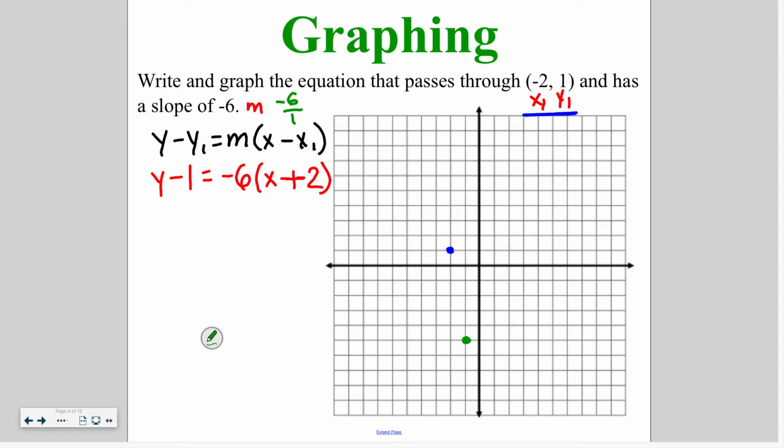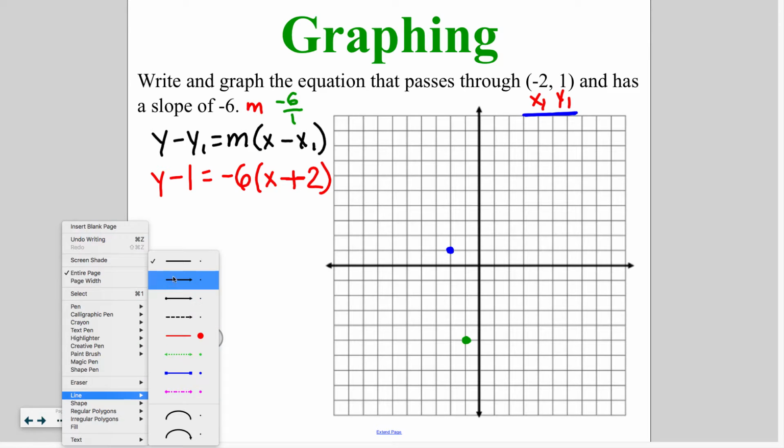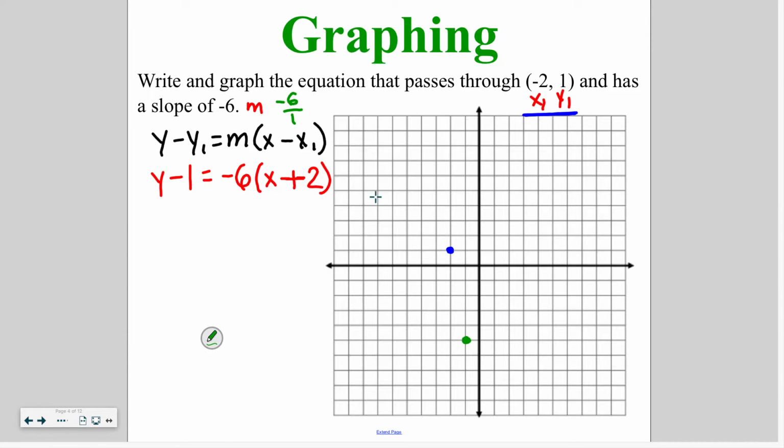So that second point, we started at our first point and used the slope of going down 6 and right 1. Then I am going to go ahead and connect those points using a straight edge. And you are going to have a line that ends up looking something like this, making sure it covers the whole graph and has those arrows on the end.